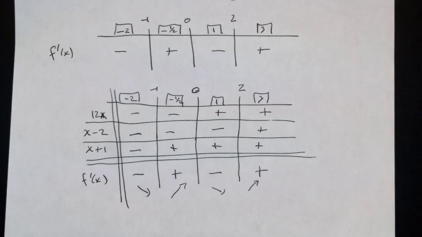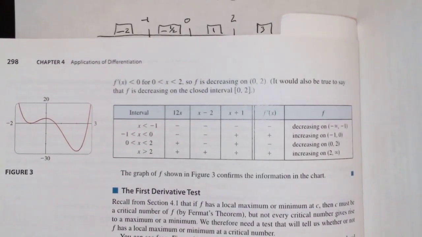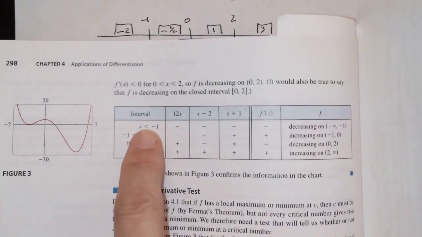The textbook actually does this in yet another way. Top of page 298. Here's their version of the sign chart. The only thing they did is they flipped rows and columns from what I did. They have the intervals here.